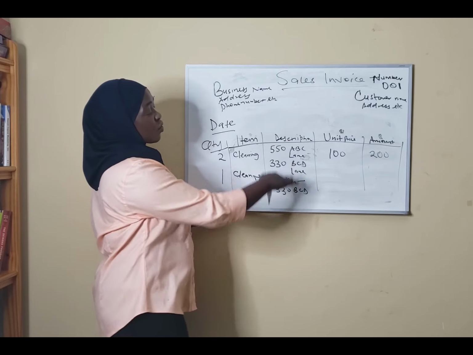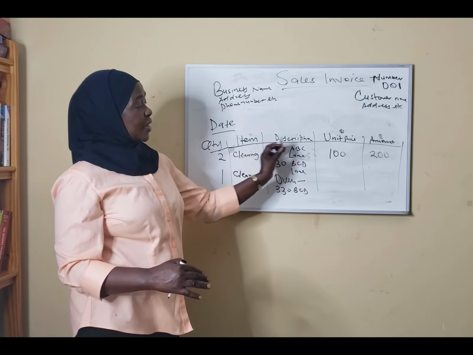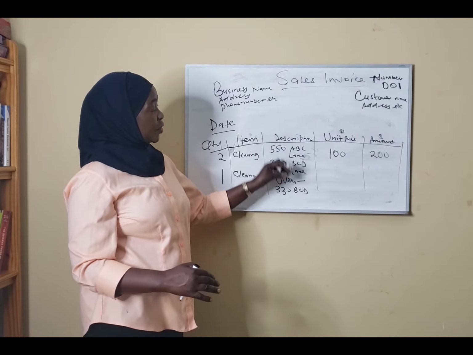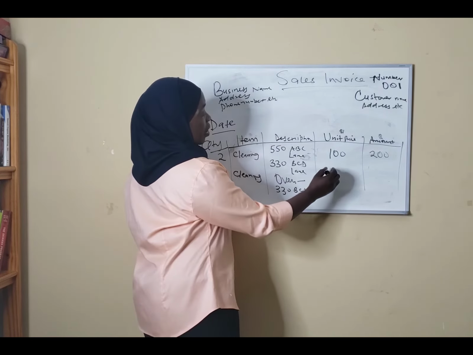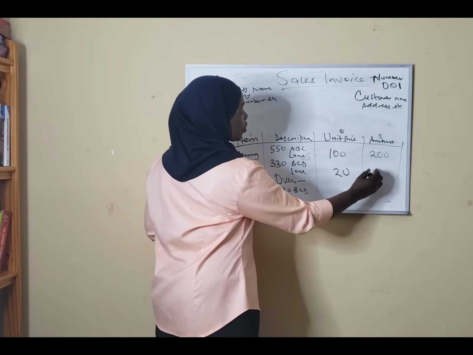I really have to describe in detail. Mine has large space here. I have to describe in detail what's going on in this home. And the unit price is maybe $20, and total is 20.